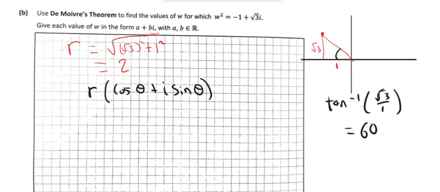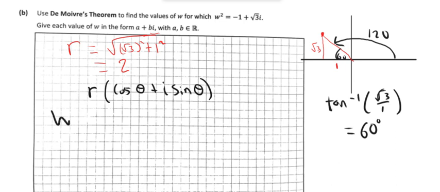So 60 is our reference angle. All the way from here to here is then 120, obviously. So theta will be 120. It's always from here that we measure from. So 60 was the reference angle, so theta has to be 120.